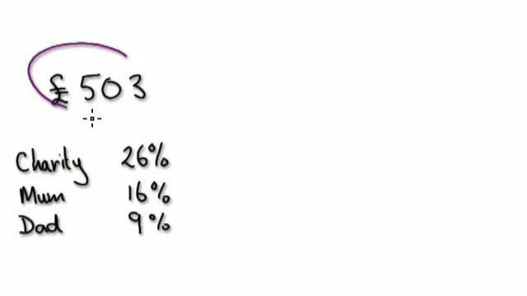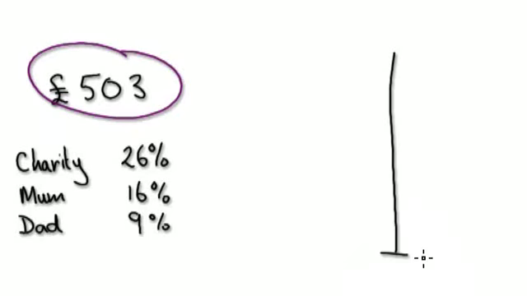Well, anyway, back to this original thing here. You've got this whole amount. Well, let's draw a picture first. Hang on. So your whole amount is £503.20. Wait, a half.